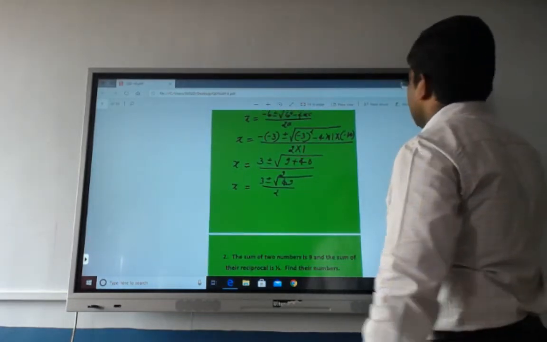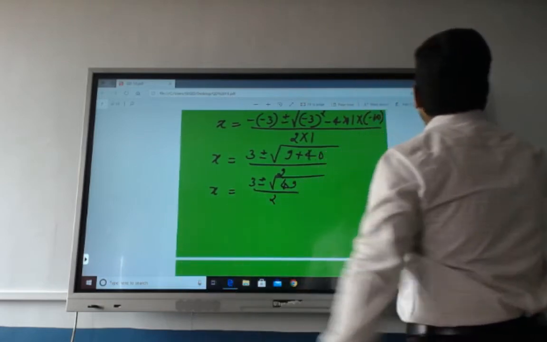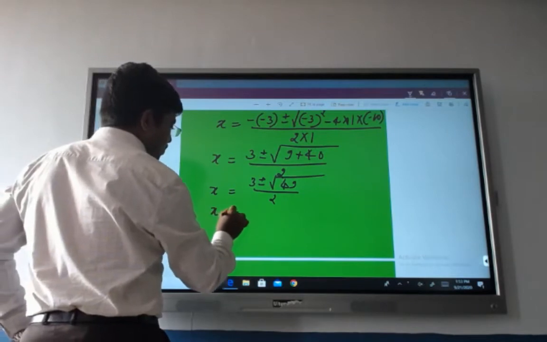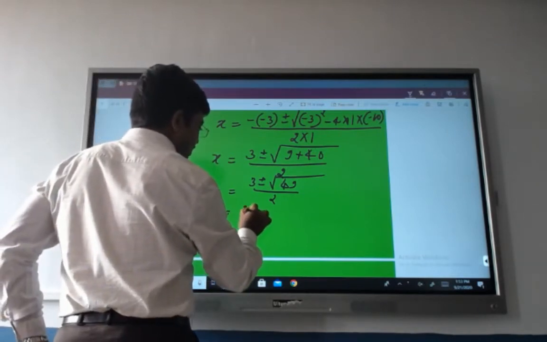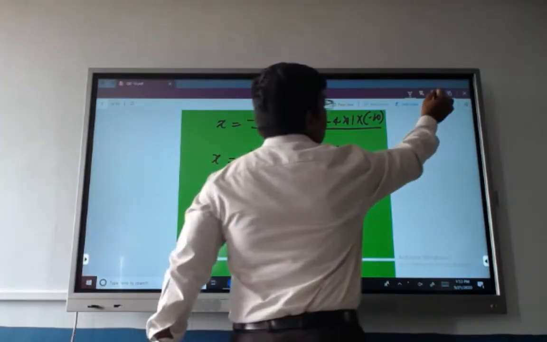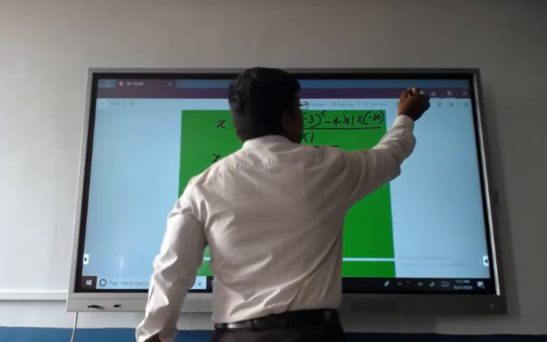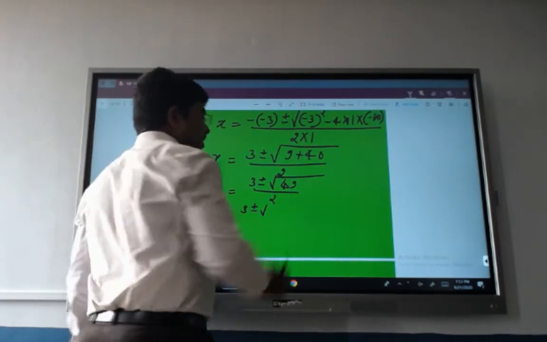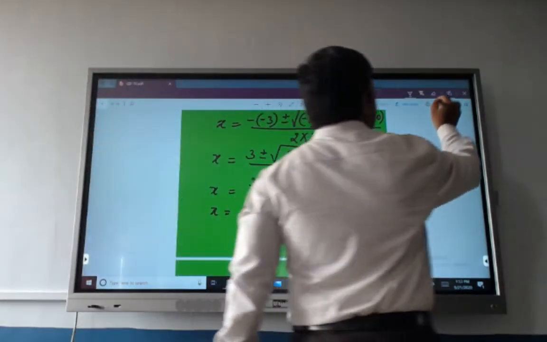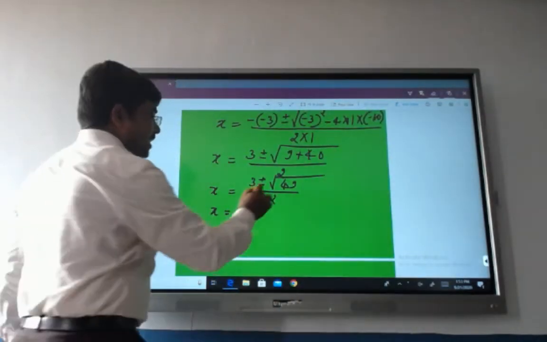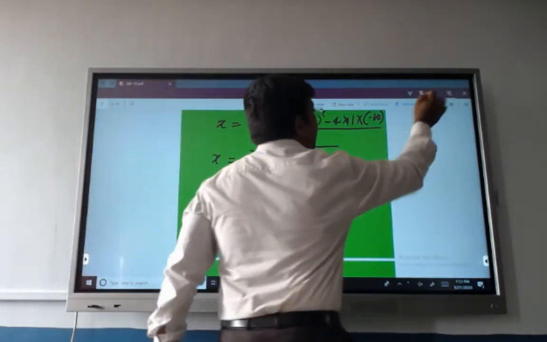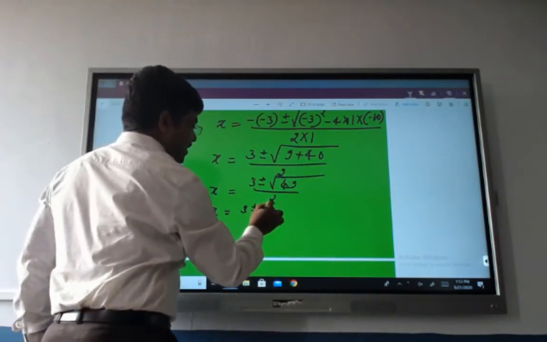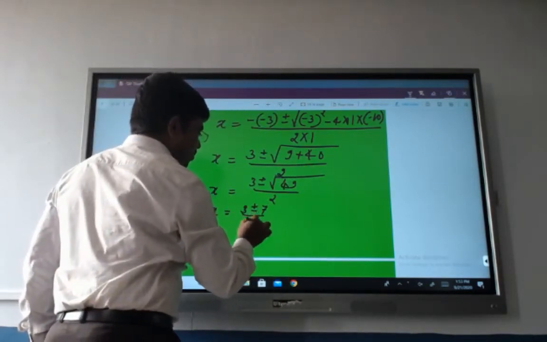Now, this is x is equal to 3 as it is, we will write plus or minus square root of 49. Square root of 49 is 7 we will take. Yes, we will write directly here 7 because the square root of this 49 is 7. So whole divided by 2 we will get here.